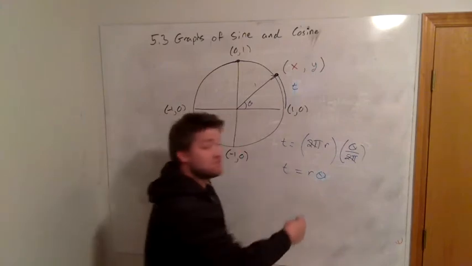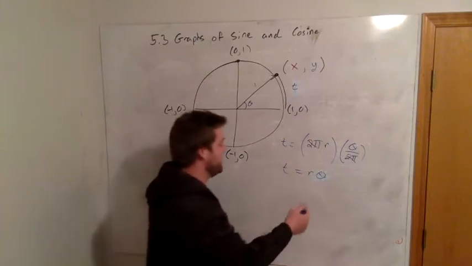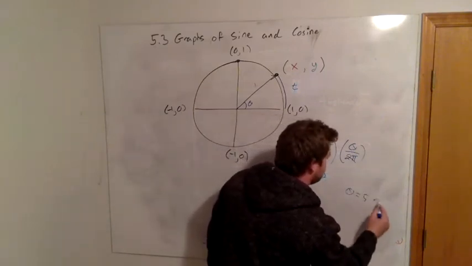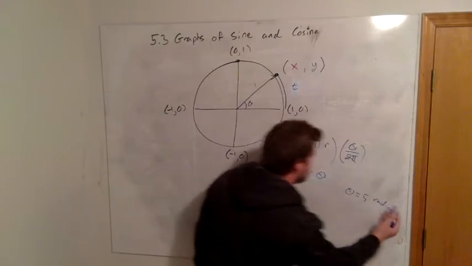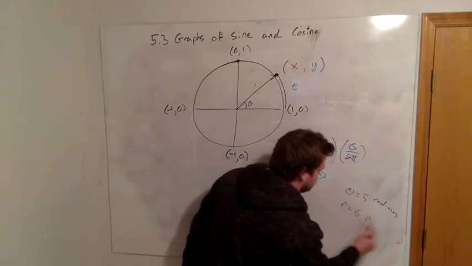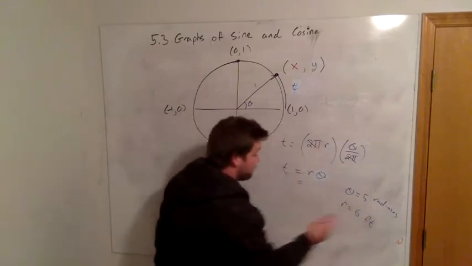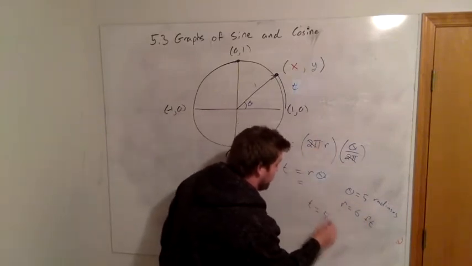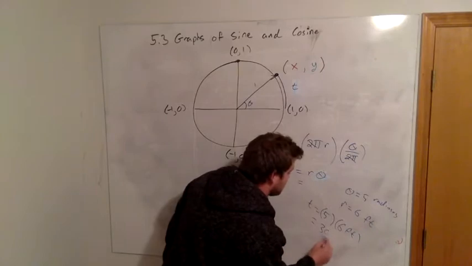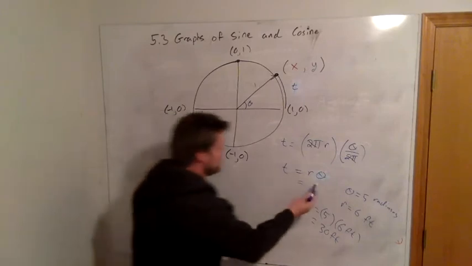If theta is equal to 5 and r is how long the radiuses are, maybe 6 feet, then you've walked 5 radiuses, and each radius is 6 feet, so you've walked 30 feet around the outside of the circle of radius 6. So that's how this formula intuitively should make sense.